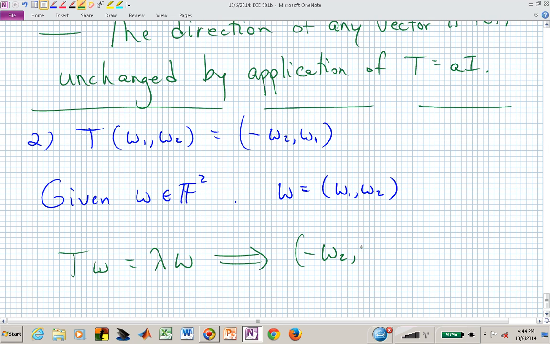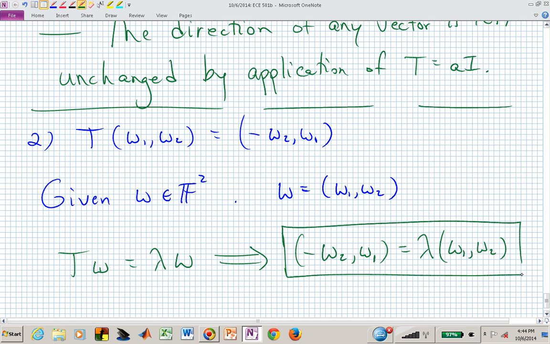So we start with this, and we actually want that to be some scalar multiple, some lambda, of the original vector W, so we want it to be lambda times W1, W2. So this is now our eigenvalue, eigenvector relationship, if anything can come out of that, for this particular linear map, T.